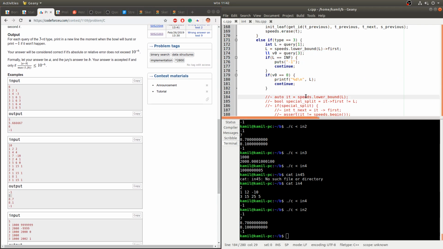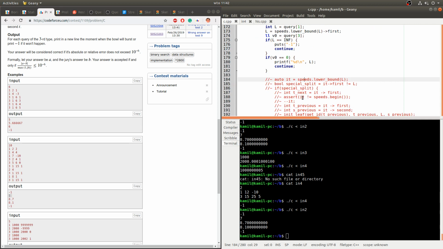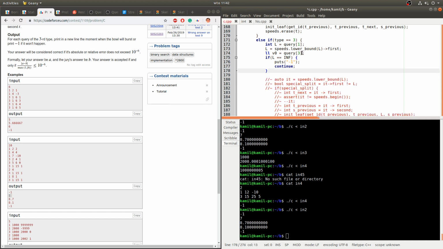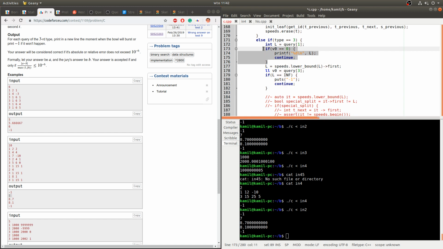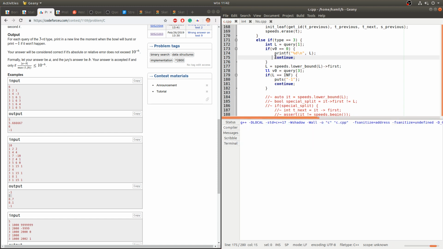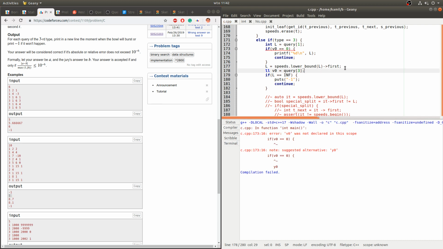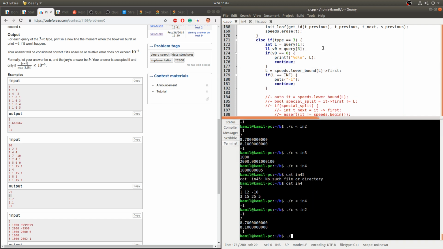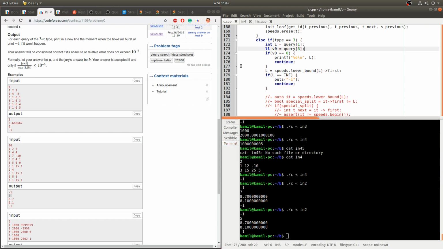Because I commented that. Did I need it after all? Speed L. What do I do? L is speed lower bound of L first. Okay, but still this is still true and should be done first. If it is 0 at the end, then do that. I don't have v0. Okay, let's submit.